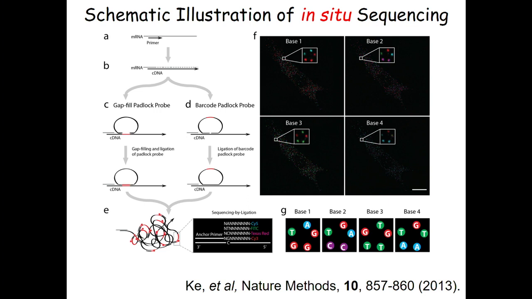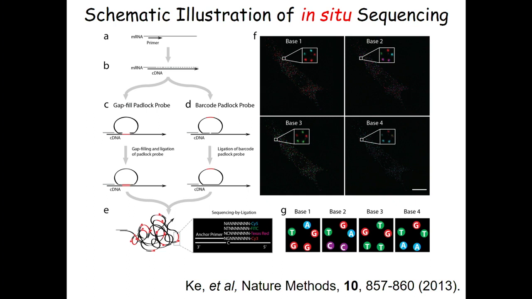And then we can sequence short bits of cDNA in cells. Or we just use it to decode heavily multiplexed padlock probe reactions by sequencing a sequence barcode that we introduce to the probe molecules to identify the different rolling circle products after amplification.